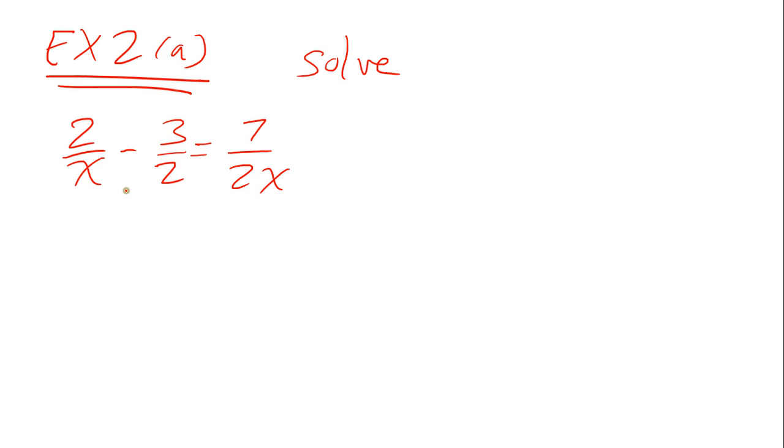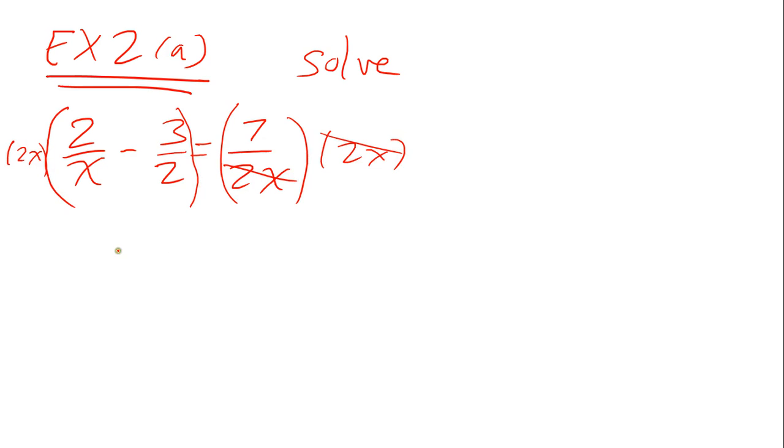Alright, so the same as before, we don't like fractions, so let's get rid of them in solving our equations. We can multiply by 2x to get rid of the 2 and the x in the denominator. So this divided by that cancels, and I end up with 2. If I distribute, I end up with 4 minus 3x equals 7.